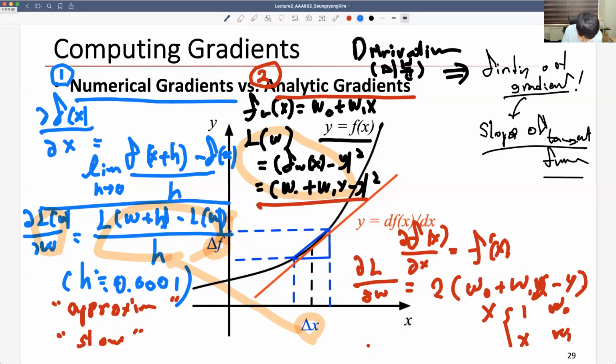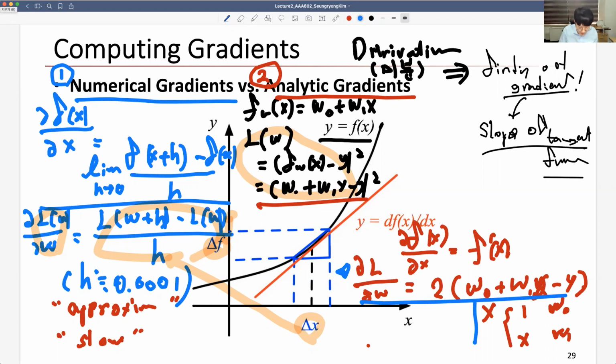So from here, we can first define the analytic gradient and then use it to optimize our network parameter or our machine learning parameter, right? To summarize, the numerical gradient is simple, but it only approximates the real gradient.